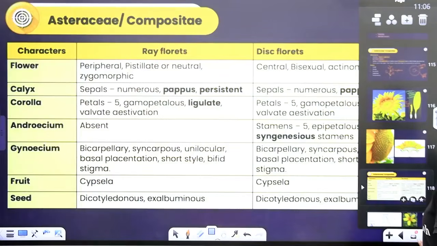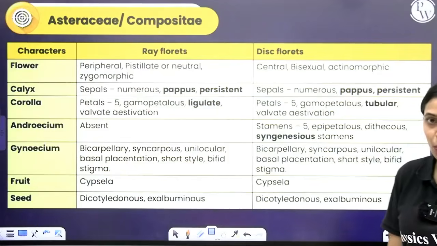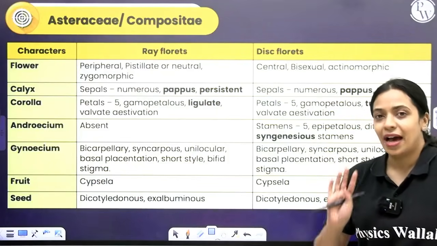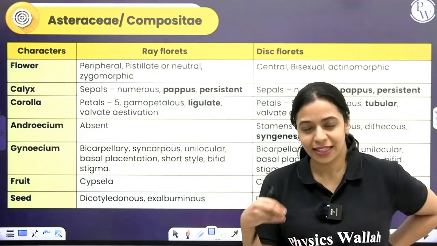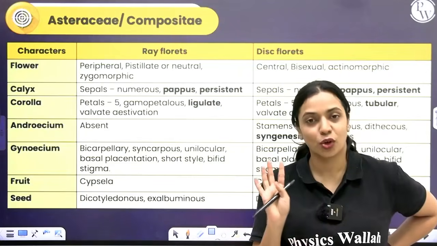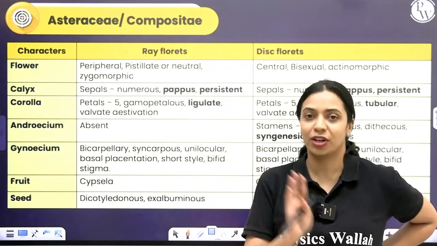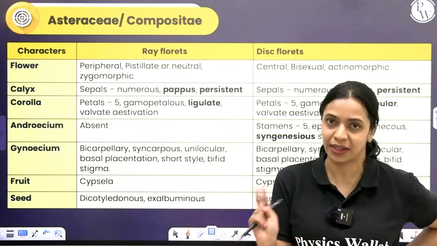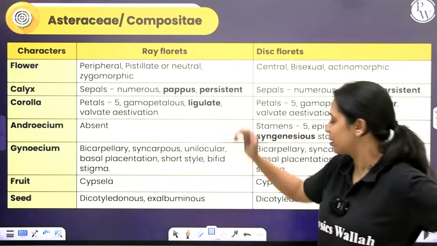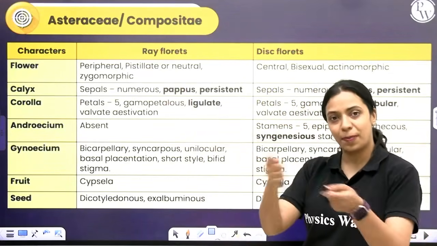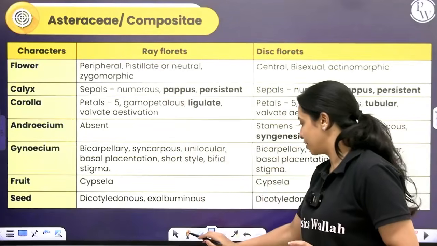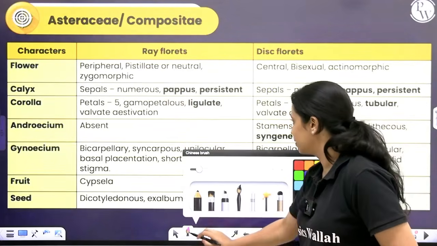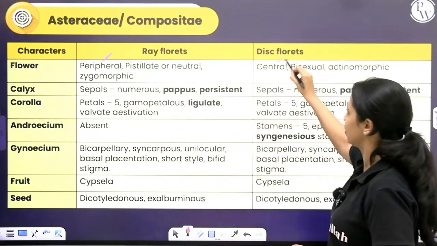Okay. Now, let's understand the characters of the flower. We have two types of flowers. Each morphology is different. So you will have a different set of characters for ray floret and disc floret, two different floral formulas, two different floral diagrams. Okay. So how is the ray floret? Ray floret is peripheral, its position is outside, while the disc floret is present centrally.